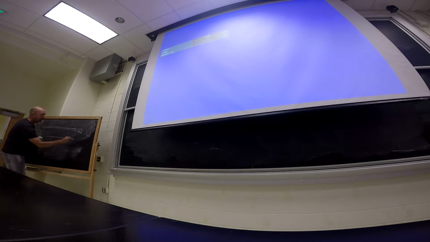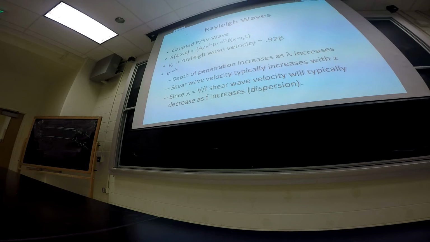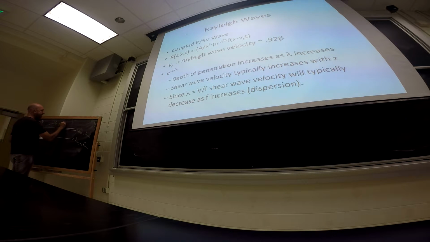If the wavelength is large and the frequency is low, then the wave is going to travel in a deeper section of the Earth. And remember that these arrivals are basically traveling with the velocity of the Rayleigh wave. It turns out that the velocity of the Rayleigh wave is about 0.94 the shear wave velocity.